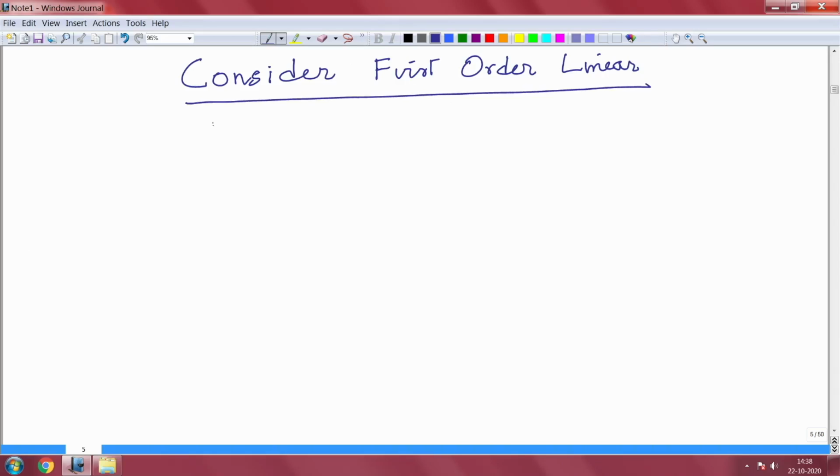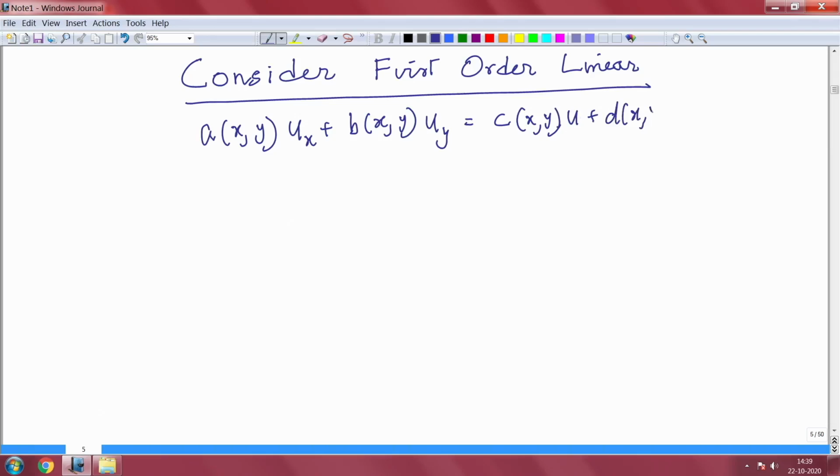What is the first order linear equation? Your equation is a(x,y) u_x plus b(x,y) u_y equal to c(x,y) u plus d(x,y). So this is your first order equation.